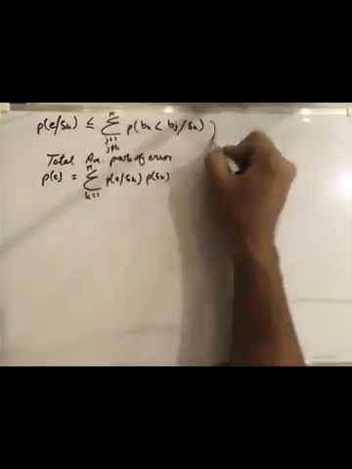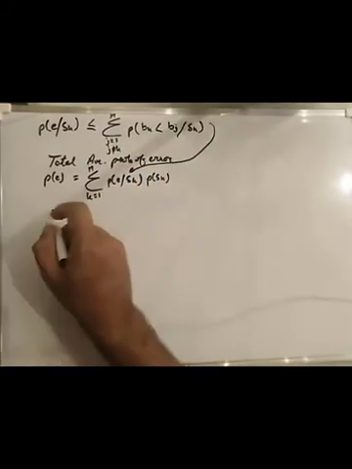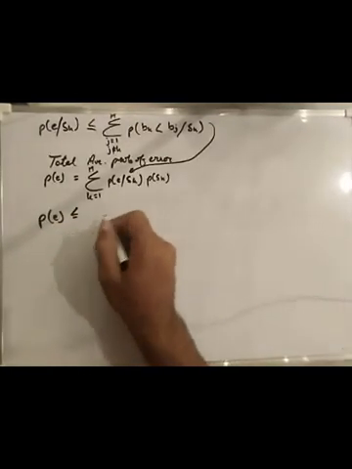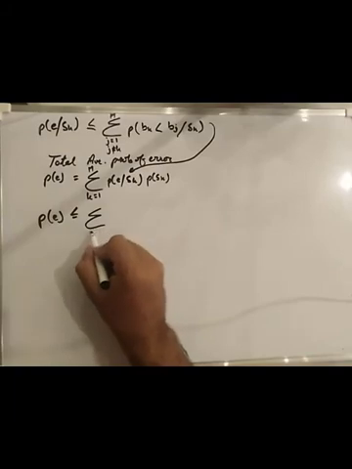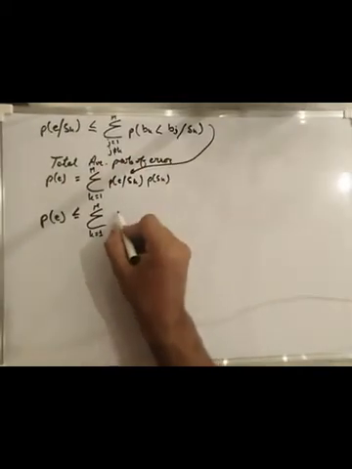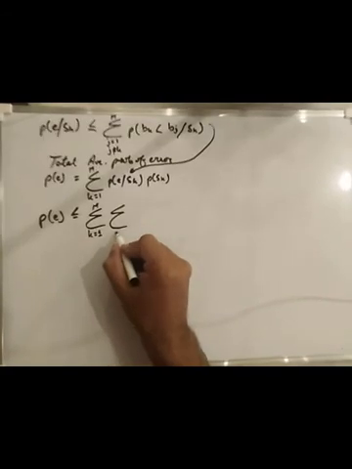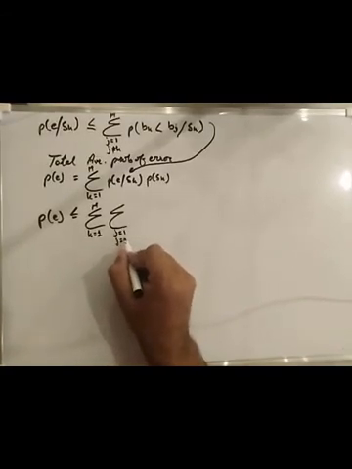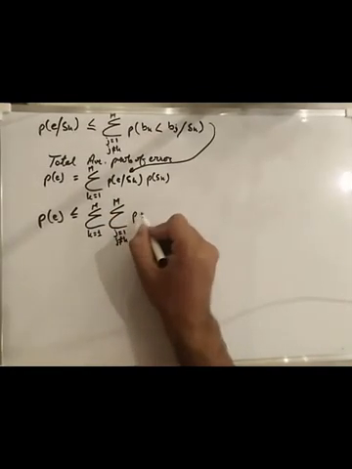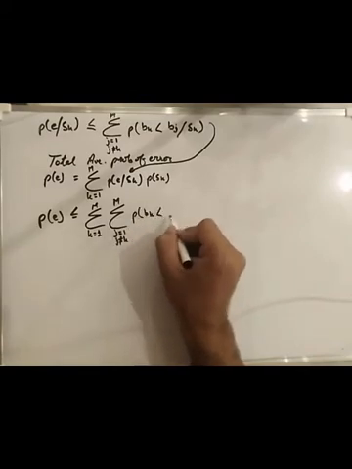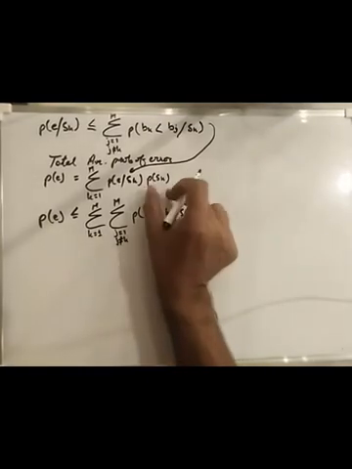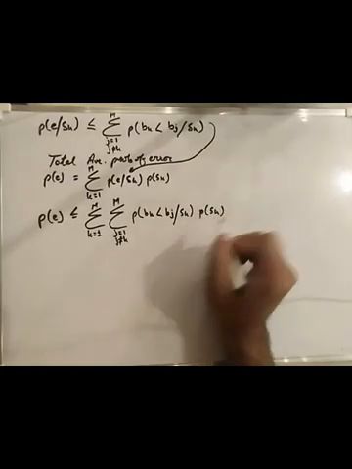If you substitute this in this equation, you get probability of error less than or equivalent to the outer summation over k from 1 to capital M, and then the inner summation over j from 1, j not equivalent to k, to M, of the probability of Bk less than Bj given the signal class Sk, times probability of Sk.